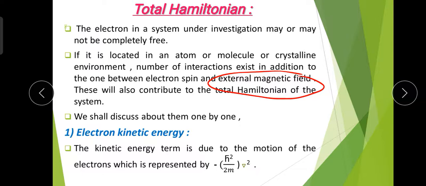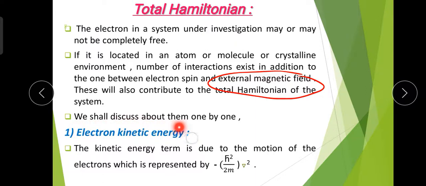That means if we place an electron in an atom in the presence of an external magnetic field, then we get different interactions, and due to all those different interactions we get energies of different types, and if we add all those energies, then we get the total Hamiltonian for the ESR spectra.